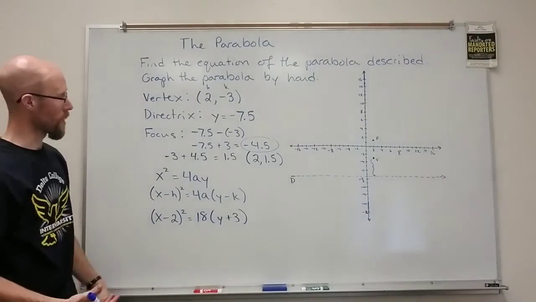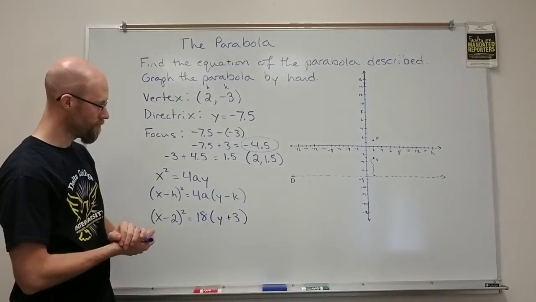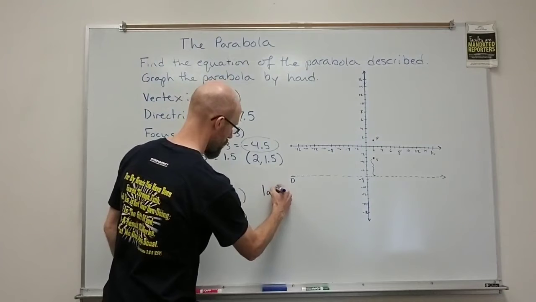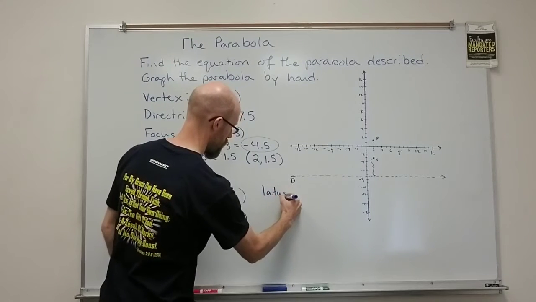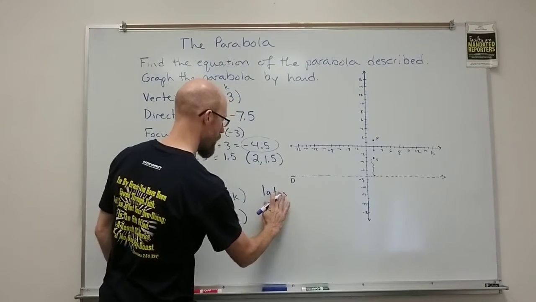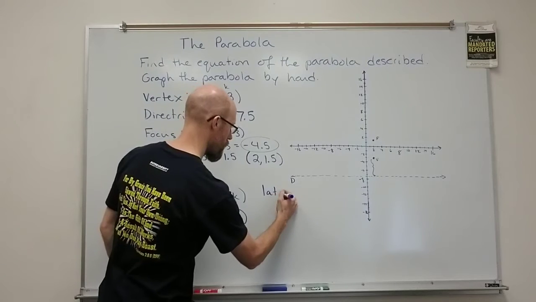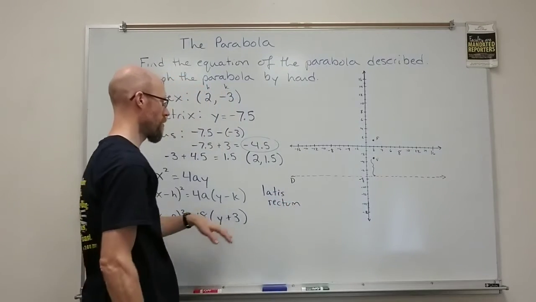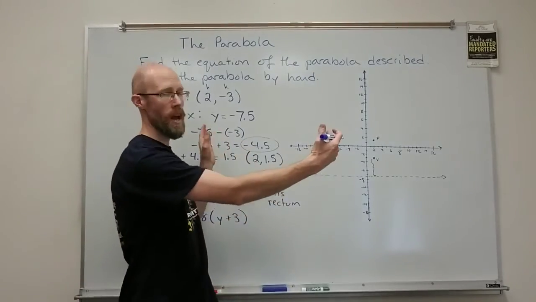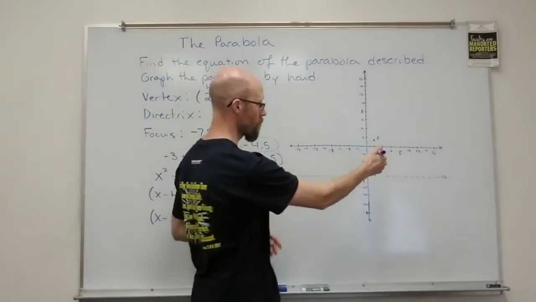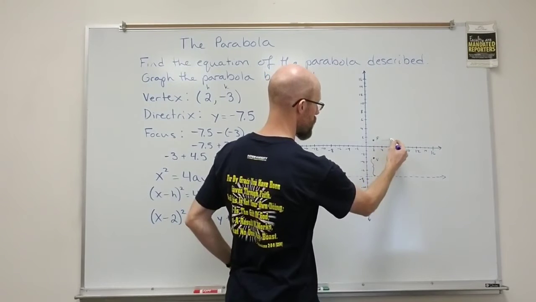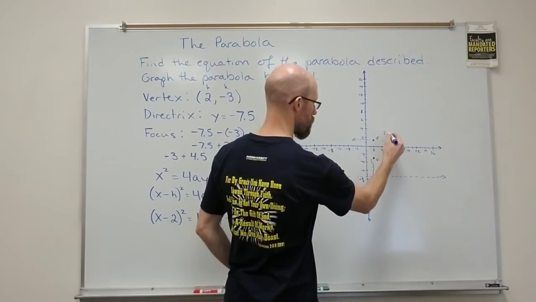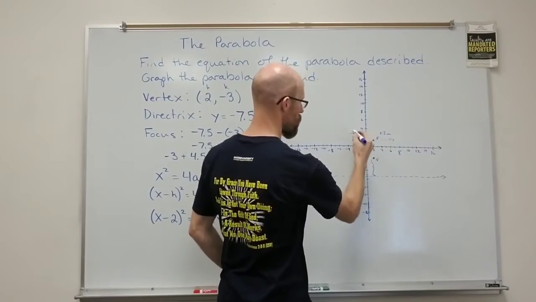So that gives us the structure and the actual equation then for the parabola. I'm not quite done because I still have to graph this thing. And remember that the latus rectum, L-A-T-U-S, right? The latus rectum is 4A units across. That means from the focus, I need to go 2A in both directions, plus 2A, minus 2A.